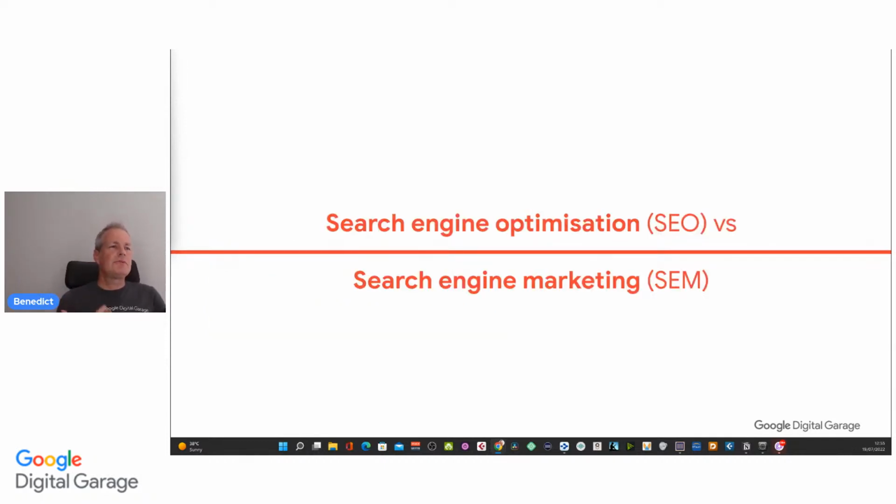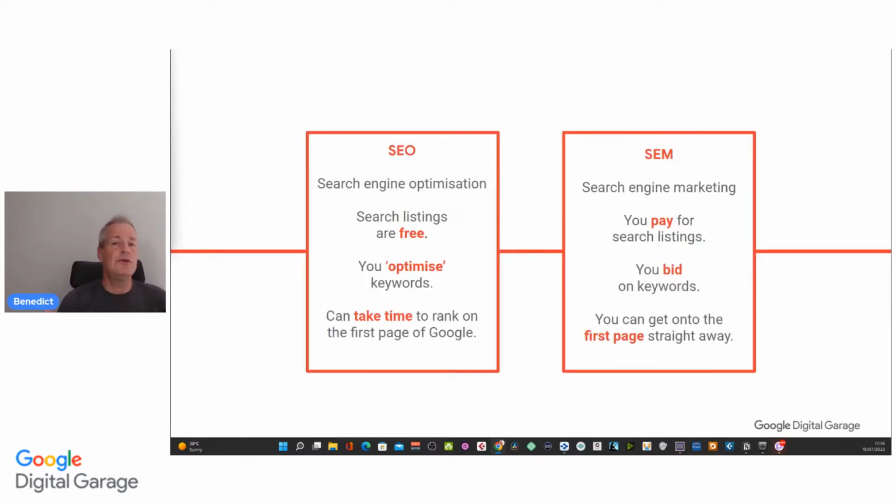Now, search engine optimization versus search engine marketing. Search engine optimization covers many different sides, and then, of course, there's search engine marketing as well. If you have a look between the two, search engine optimization can be free, so long as you're not paying someone.